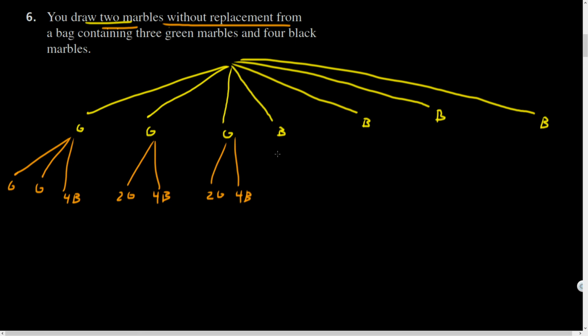Now, if the first choice was a black, there are now 3 green to pick from, and instead of 4 black there would be just 3, because one of them would have been picked. So 3 green, 3 black. I'm trying to save myself drawing so many branches.